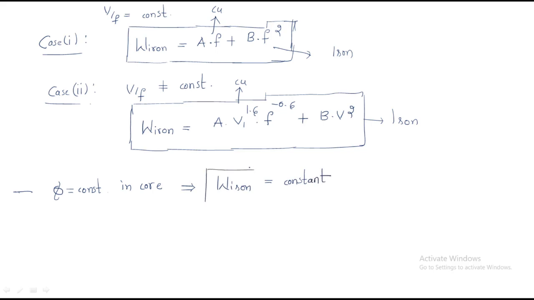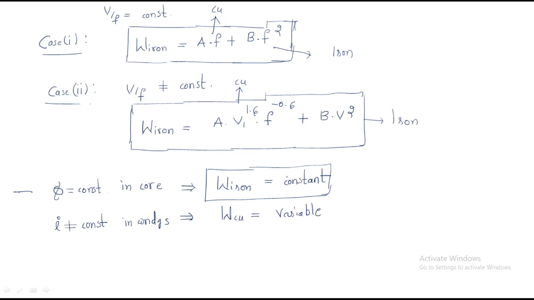If flux is constant, iron loss is constant. But what about current? Current is not constant. Current is variable and depends on the load, so the copper loss is variable.